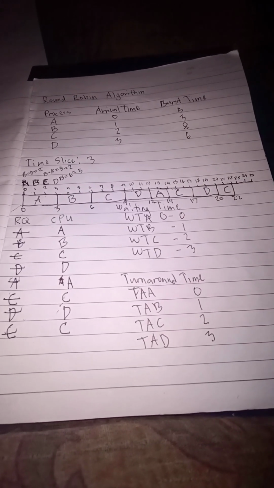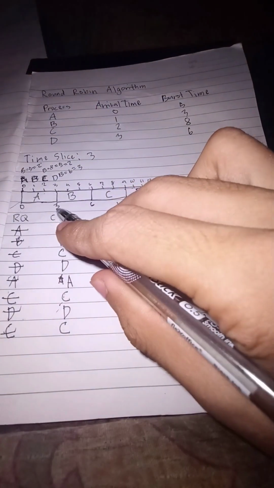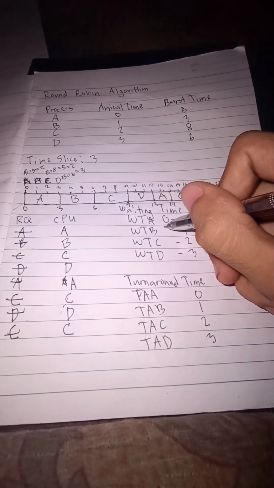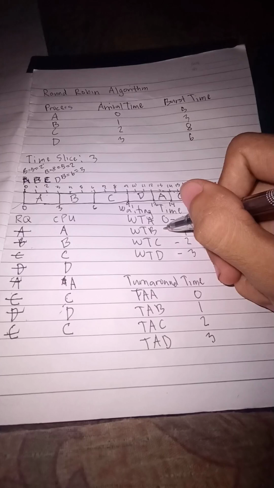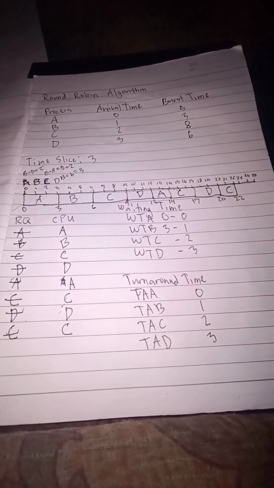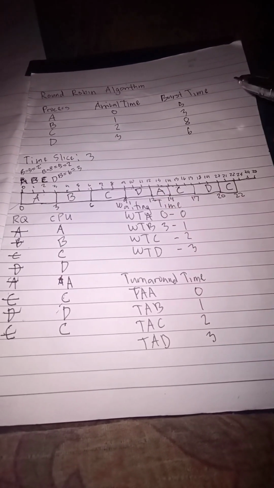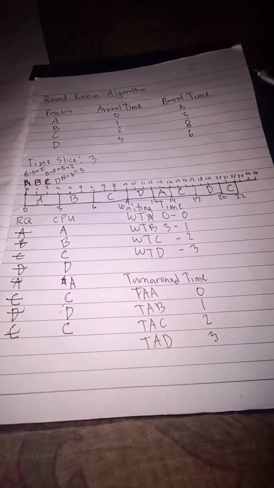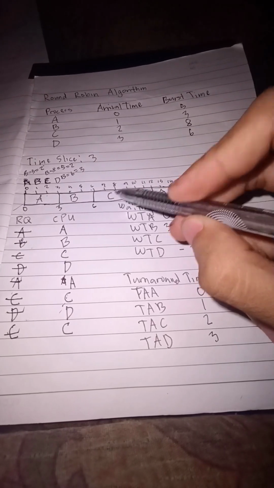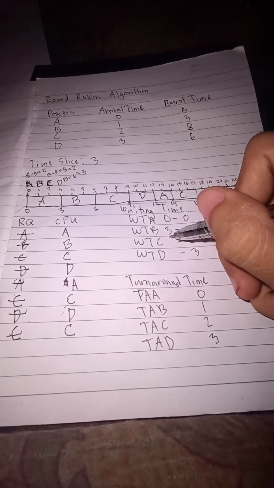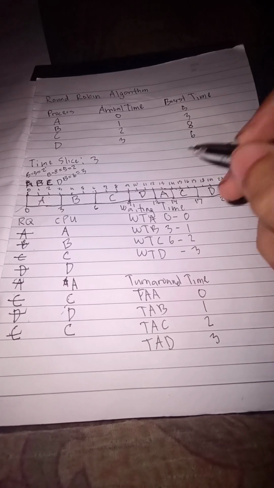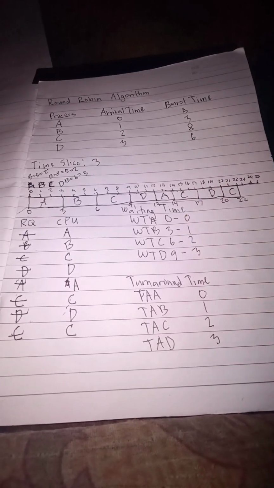Next is B. Here 3 is the time that it is not yet executed. C is 6 and D is 9.